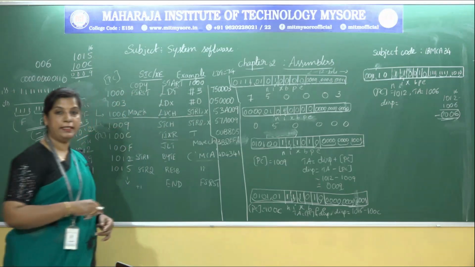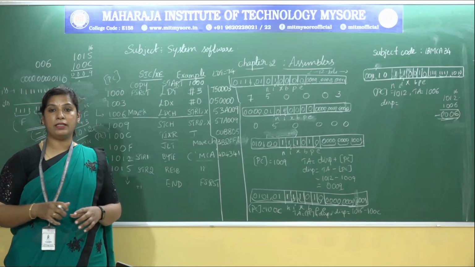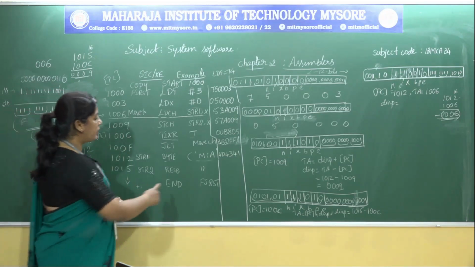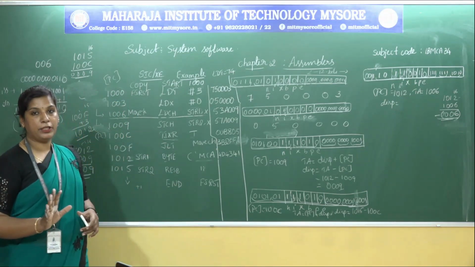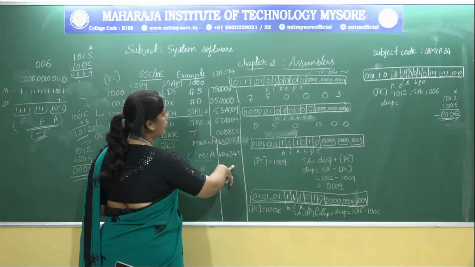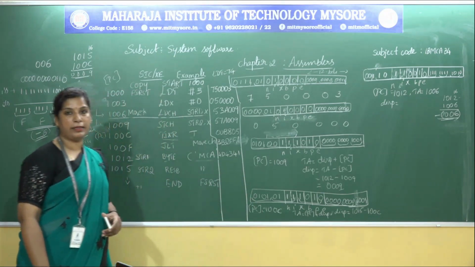So 4D, 43, 41. I am taking only a 3-character string because it is easy to represent that object code. For the reserve byte and the end, it is not going to generate any object code. This is how we can generate an object code for each and every instruction using the SIC/XE machine architecture.